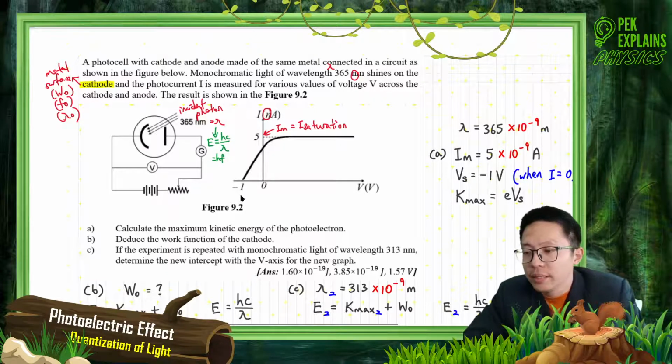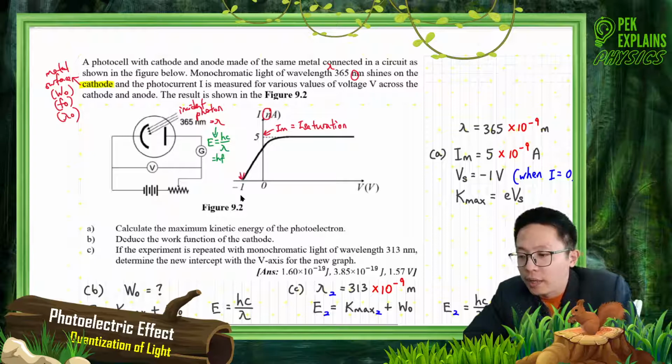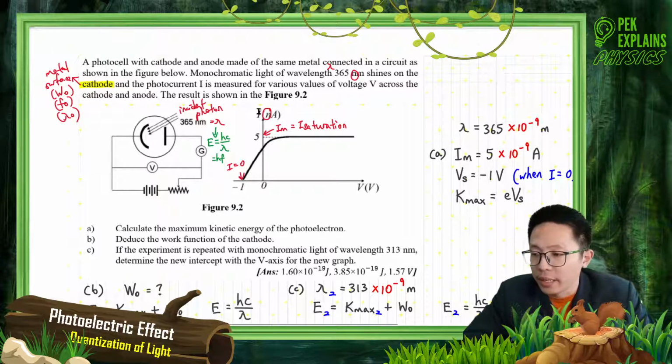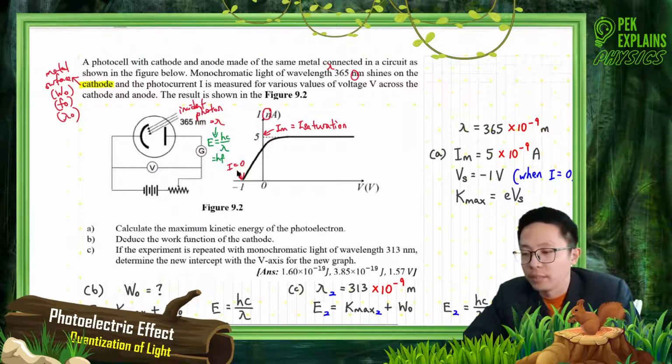And then what is this -1? This -1 happens when the current equals 0 ampere, isn't it? When the current drops to 0, that means this is the stopping potential. The stopping potential causes all the electrons to be unable to reach the anode, so no more current is detected by the galvanometer.